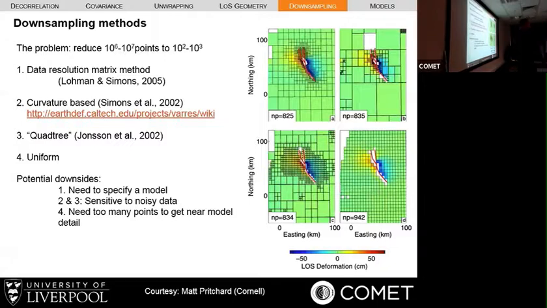And finally, we have to downsample the interferogram. In that case, using popular methods like quadtree could substantially reduce the time for calculating and obtaining successful model parameters.